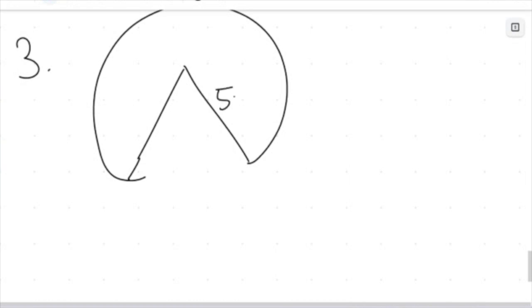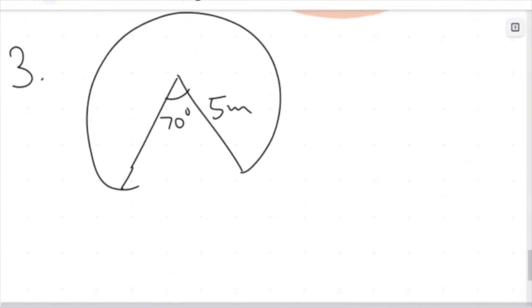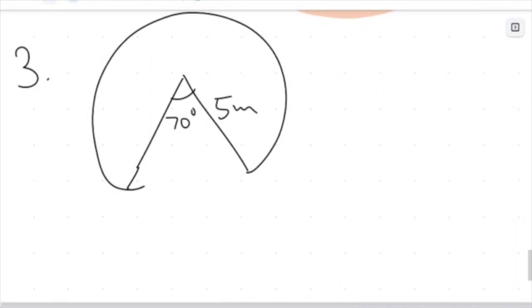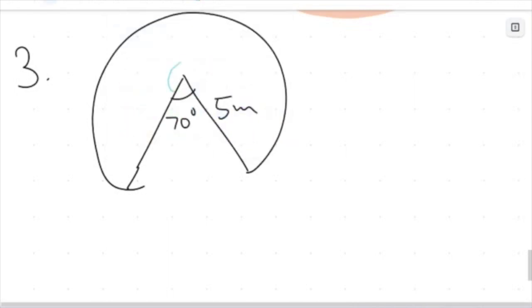So I have 5 meters here, and I have 70 degrees. But the actual sector I'm looking for is this whole thing. So I want to first find what this angle is going to be, because that's the fraction of 360 that I'm looking for.